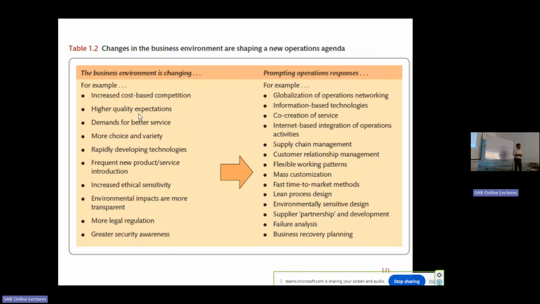You may have heard of it. Technologies facilitate these changes. And other things like supply chain, supply partnership, supply development, environmentally sensitive designs, green designs, and then other things like mass customization, flexible working patterns for workers, lean process designs, business recovery and risk management.